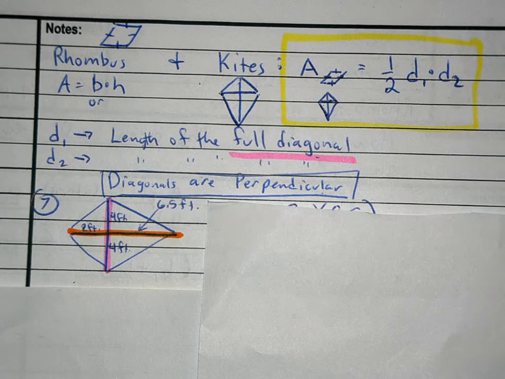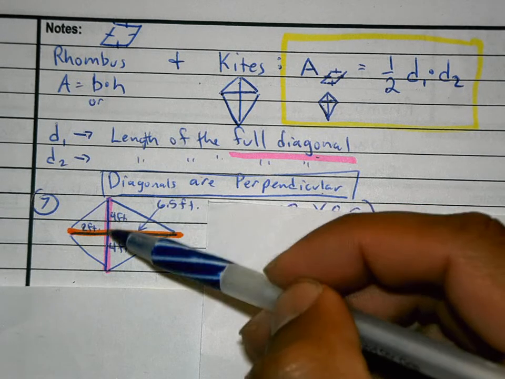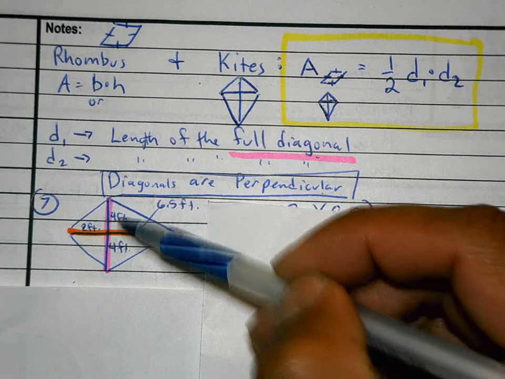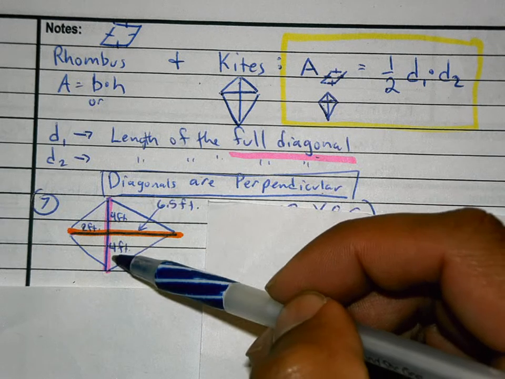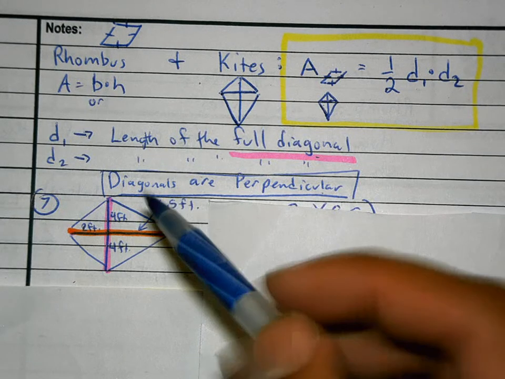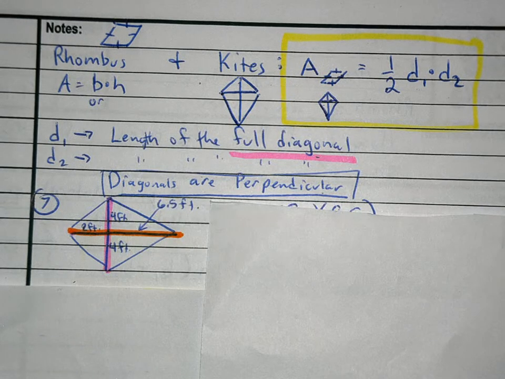So how do they try to trick you? Sometimes they're going to give you a piece and say this piece from the center to this corner is 4 feet and from the center to the other corner is 4 feet. That's not the full diagonal. The full diagonal is from here all the way to here, so you're going to have to do some addition sometimes in order to figure out what the diagonal is.